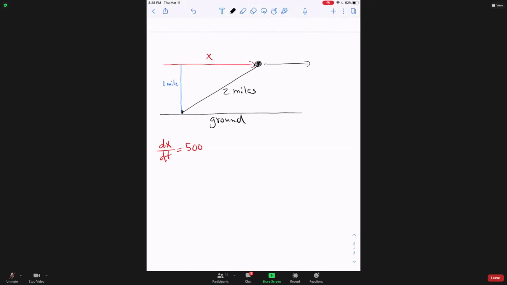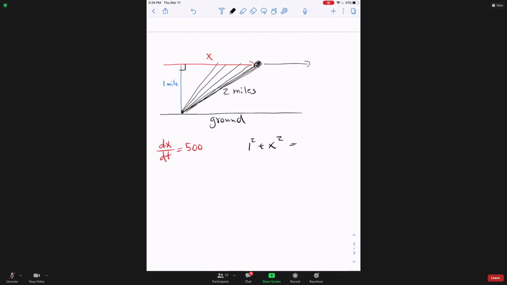Okay, so now we have come up with an equation. Well, this is a right angle. So I got 1 squared plus x squared equals, now I'm not going to call that 2 squared because that's constantly changing. Remember, you can't call this 2, because depending on where the plane is, that's going to be different. It's here, then it's here, then it's here. You can only call it constant if it's the same throughout.